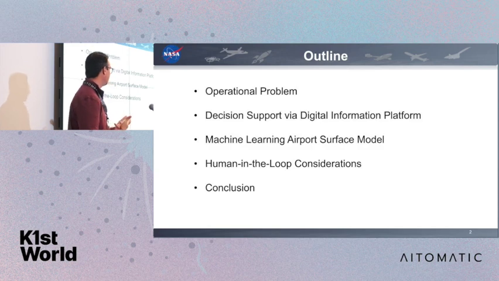And ultimately, this is a system that is not fully automated, and there are humans in the loop trying to make the best decision. So we'll talk about the considerations given that there are humans in the loop, and then we'll finish with some conclusions. But we'll start with the operational problem here.